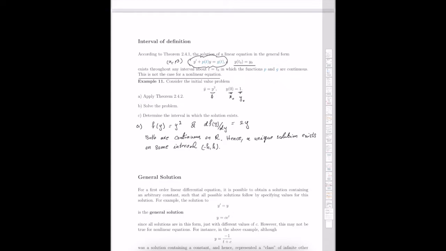Now part B, so at least we know there will be a solution. That's good, and that solution will be unique on this interval for whatever value of h, which we don't know. Part B says now, okay, solve this equation. Solving this equation won't be difficult. It's just y dot.